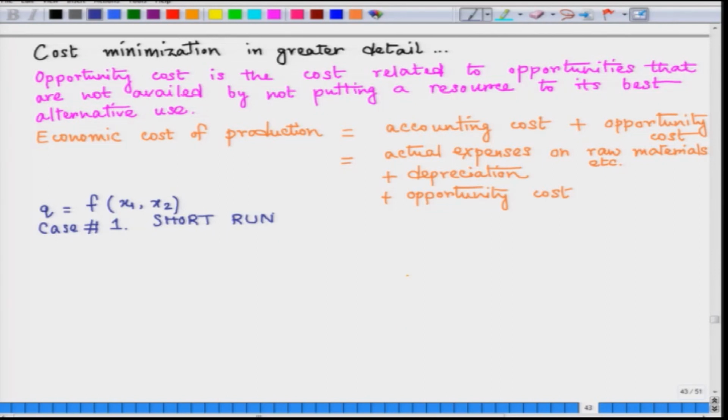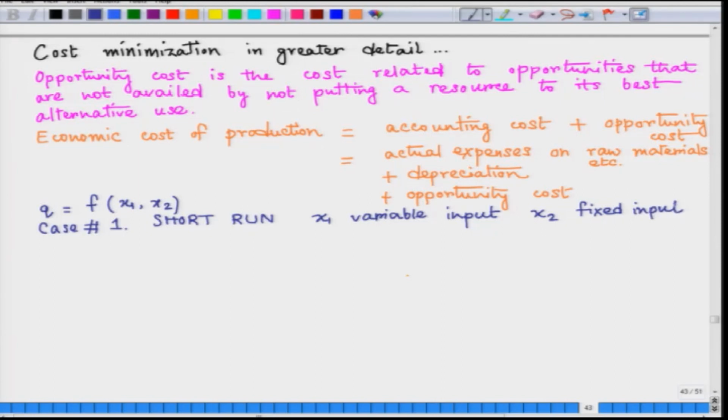So in Shortrun let us assume that x1 is my variable input which can be varied with respect to the level of output production, but x2 is my fixed input which cannot be varied with level of output.